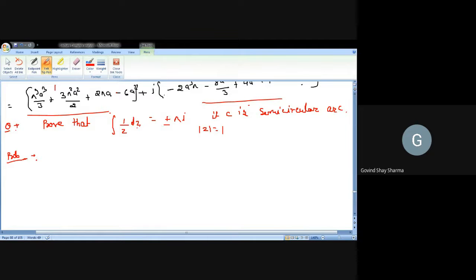Here I already told you, when the curve is given as a circle, then we take z is equal to e to the power iota theta.